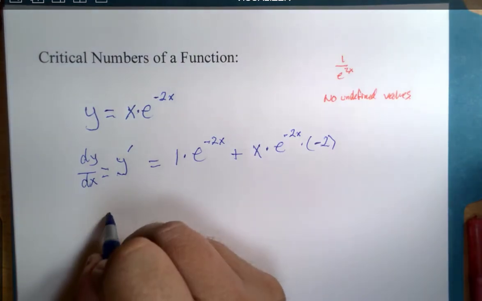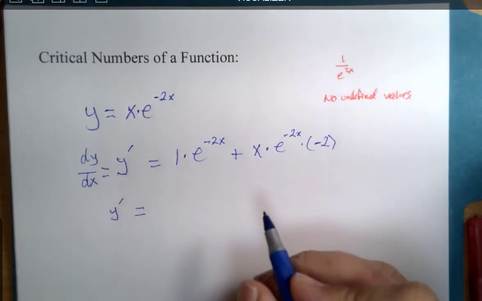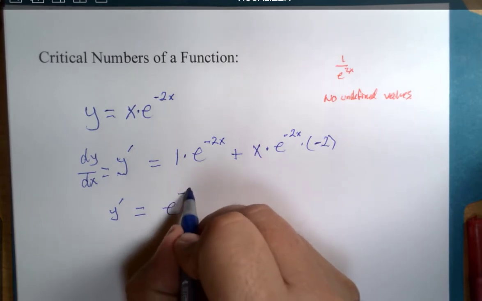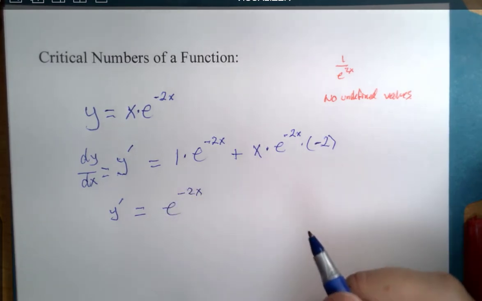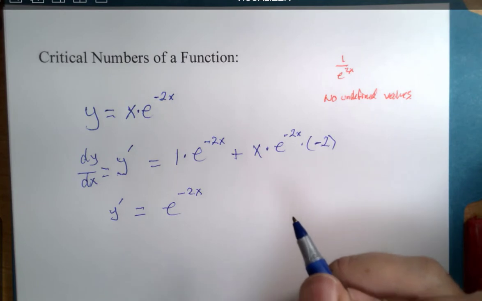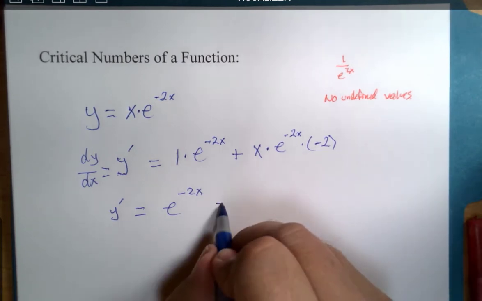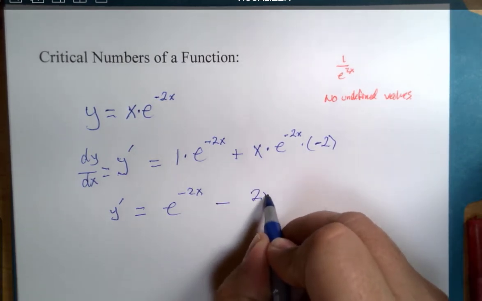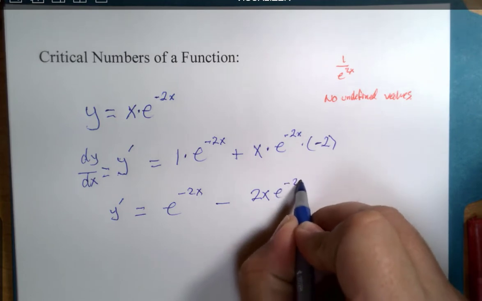That means the derivative is e to the negative 2x minus 2x e to the negative 2x.